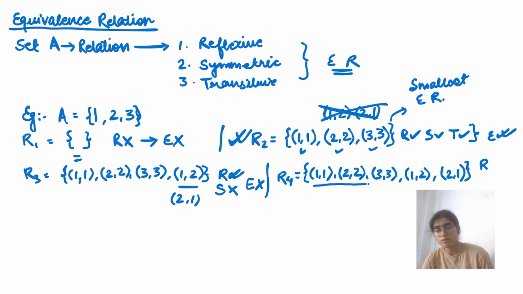Yes, it contains all these values, so it is reflexive. Is it symmetric? Yes, it is also symmetric because (1, 2) and (2, 1) are both present. And let's check for transitive. It is also transitive because if there is (1, 2) and (2, 1), then (1, 1) is also present here. So that's why it is also transitive. So this relation is also an equivalence relation. Okay.